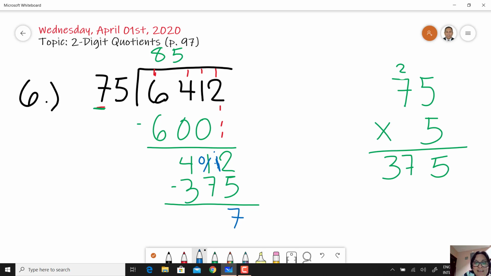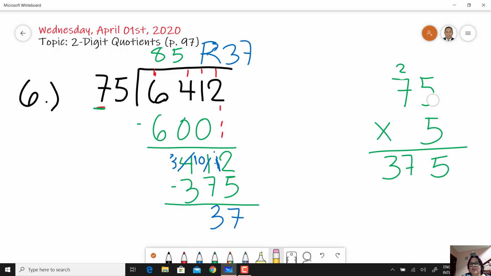So again, 4 will lend a unit to number 0, so 0 becomes 10. And number 4 becomes 3. 10 minus 7, 3. And 3 minus 3, 0. So in here we have that the answer is 85 remainder 37.